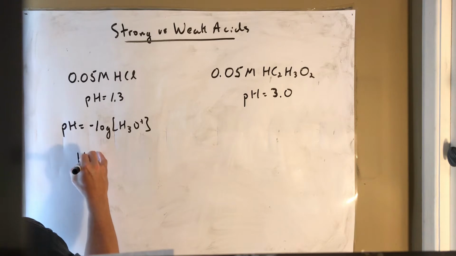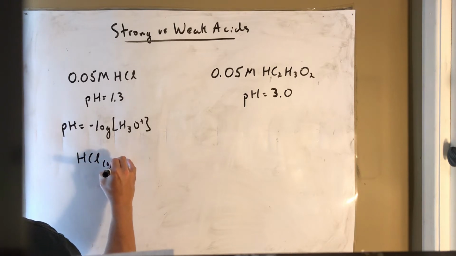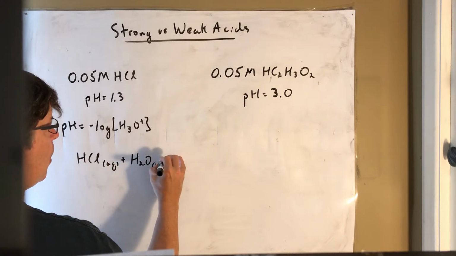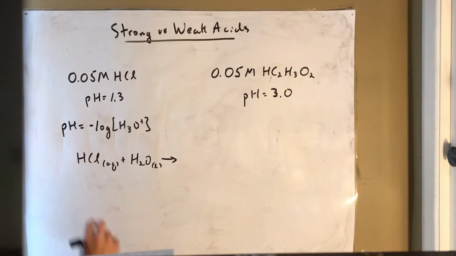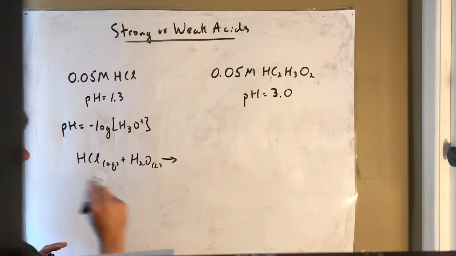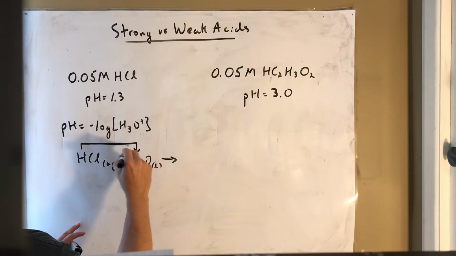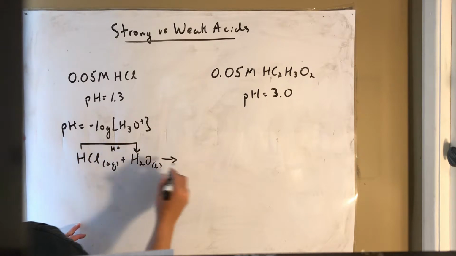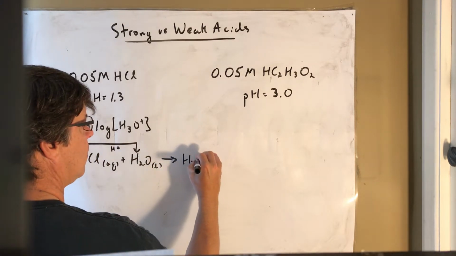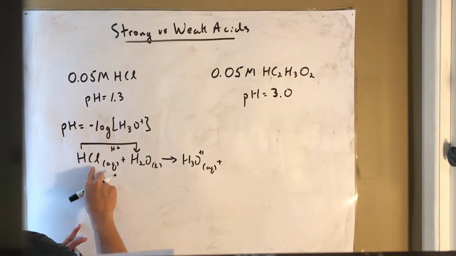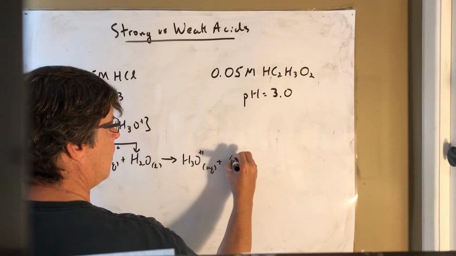When a solution of hydrochloric acid forms, we know Brønsted-Lowry acids donate protons. So this is going to donate a proton. We're going to get hydronium ions in solution, and we'll get chloride ions.